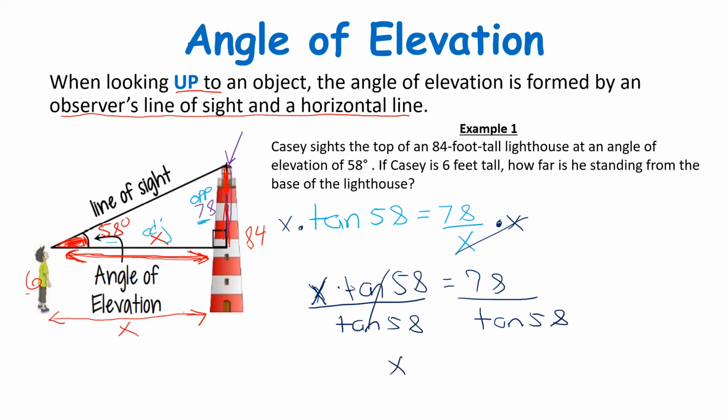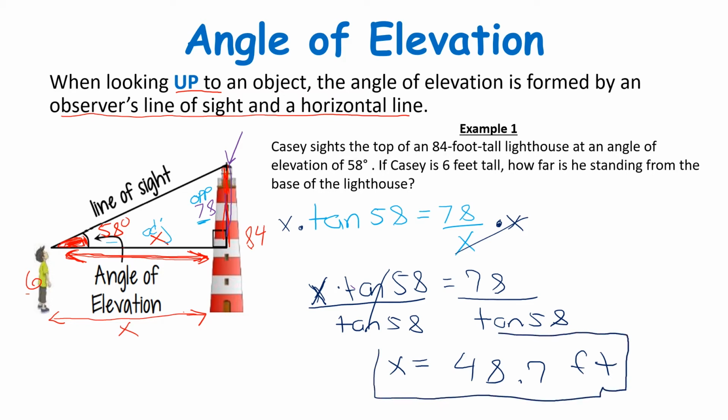That cancels out, and x is equal to 78 divided by the tangent of 58. If you type 78 divided by tan 58 in your calculator and click enter, you're going to get x is equal to 48.7 feet. So that is our length from the base of the lighthouse to where Casey is standing.